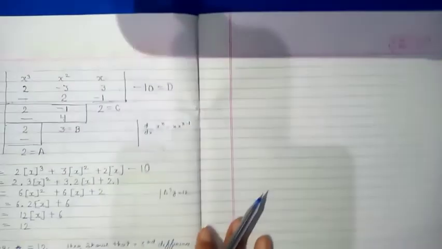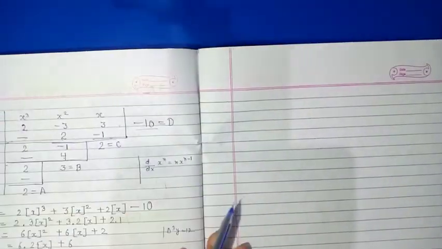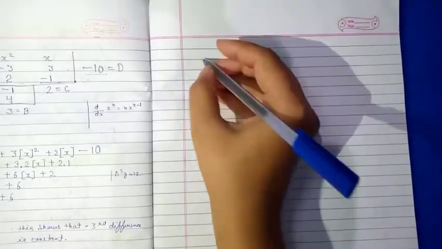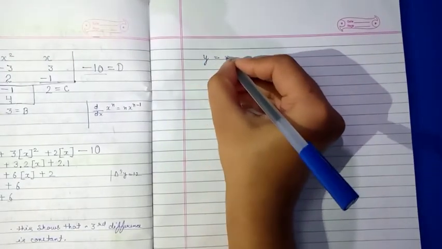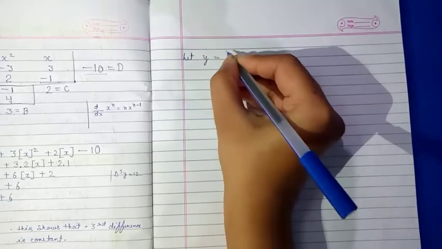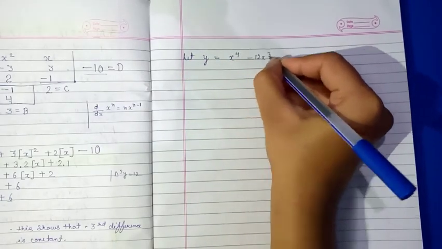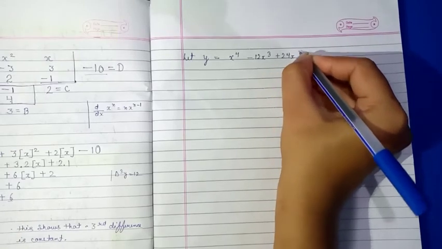So how will we write this question? First we will consider y equal to x to the power 4 minus 12x cube plus 24x square.